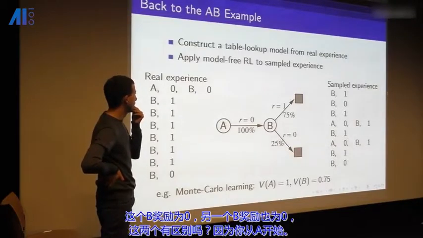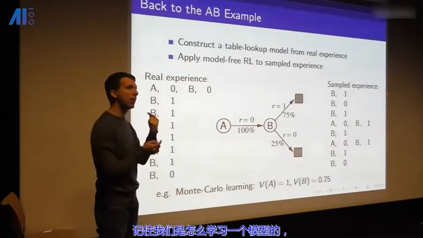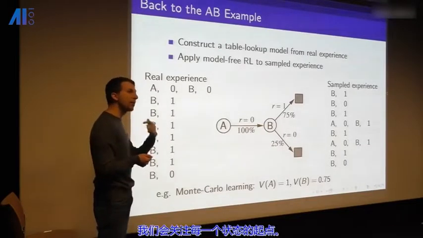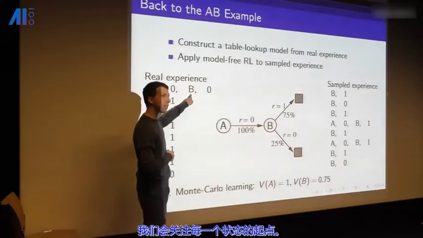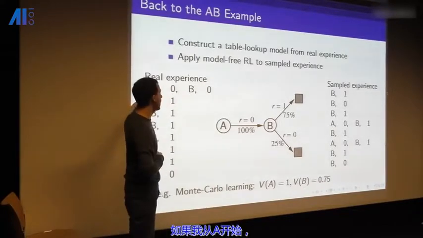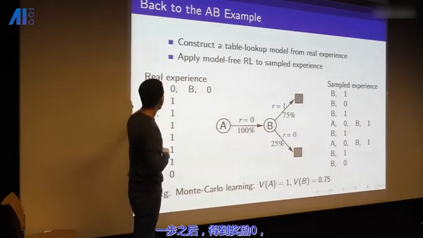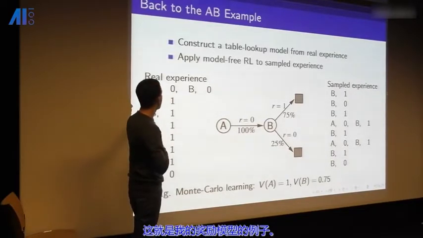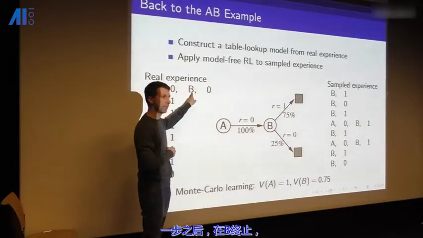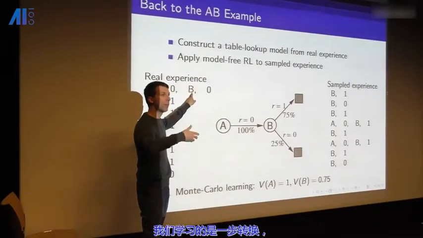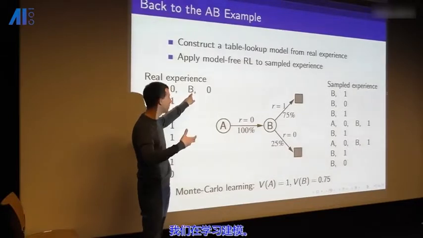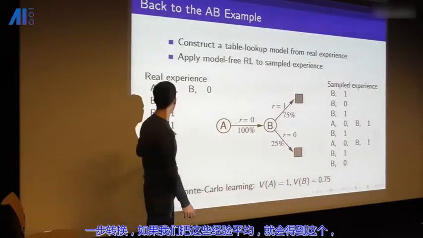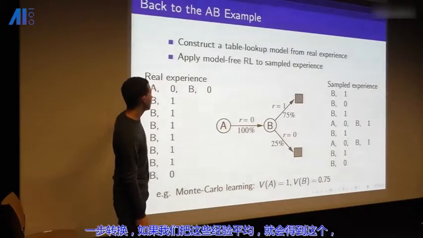Okay. Remember how we learn a model. We learn the model by one-step supervised learning. At every state, we look at where we started. So if I start in A, after one step, I get a reward of 0. That's the example for my reward model. And after one step, I end up in B. So those are the transitions we're learning from. We're learning from one-step transitions to build a model. So now we just look at all the one-step transitions from A, and if we average over those, that's just this one here.